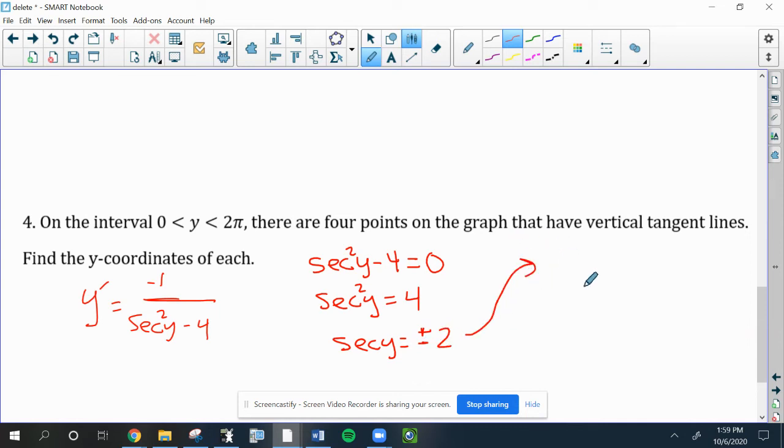I don't like secant, so I'm going to change it to cosine. It's reciprocal, which means I'll have to reciprocate the 2. So now we have to figure out, and remember, we're solving for y, which is good because we're saying y is between 0 and 2 pi.